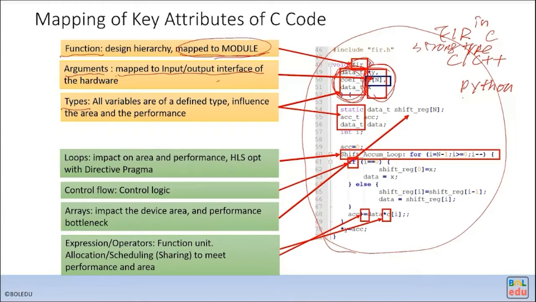In that case, HLS has great difficulty, and you cannot allocate the hardware resource. All variables must have a defined data type, and the data type influences the area and performance a lot.